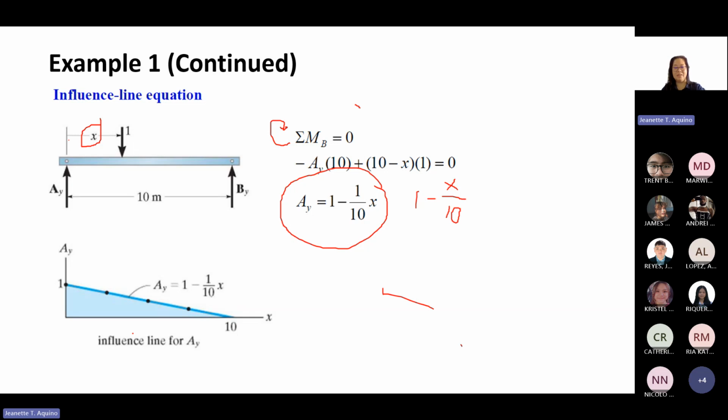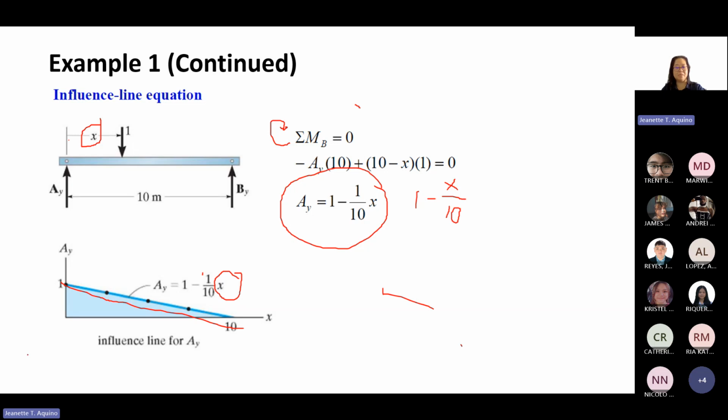So this line, the equation is: if you have any value of x, you put it here, and that will be the equation for your AY.